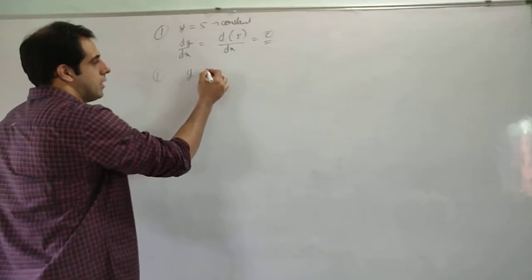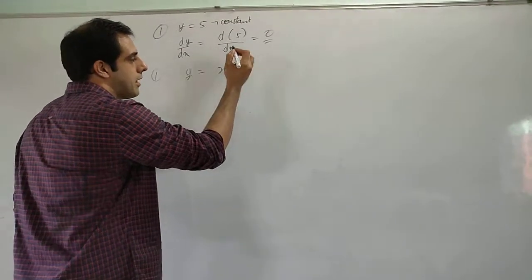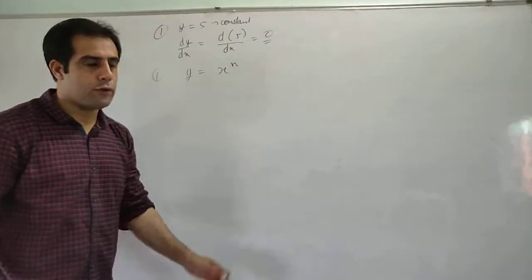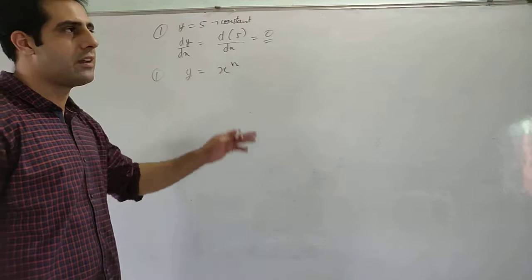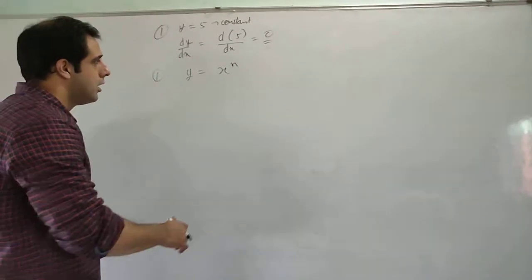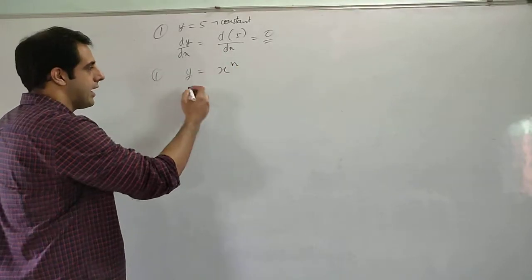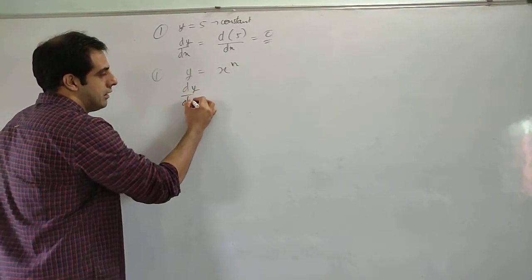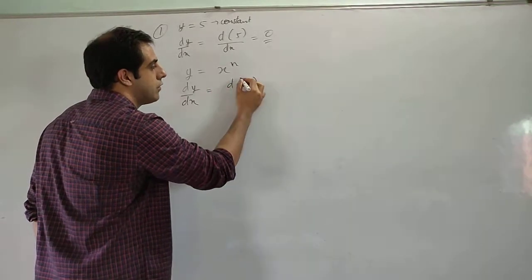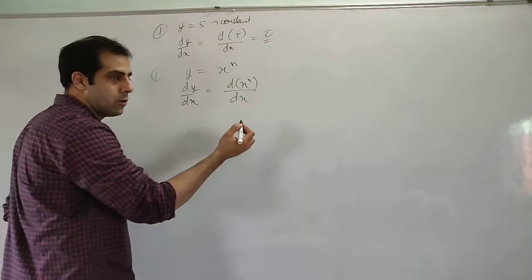Second is y equals x to the power n, any power. It can be positive powers 1, 2, 3, 4, 5, it can be negative, it can be fractions, positive fractions, negative fractions, positive decimal, negative decimal, whatever. Y equals x to the power n, then differentiation of y with respect to x will be equal to differentiation of x to the power n with respect to x.